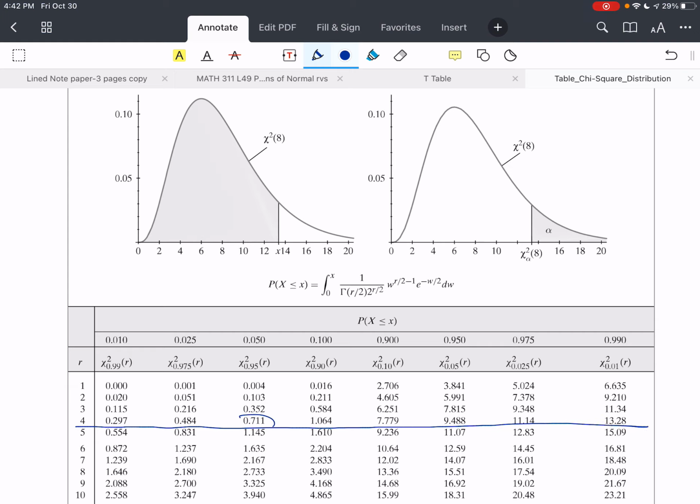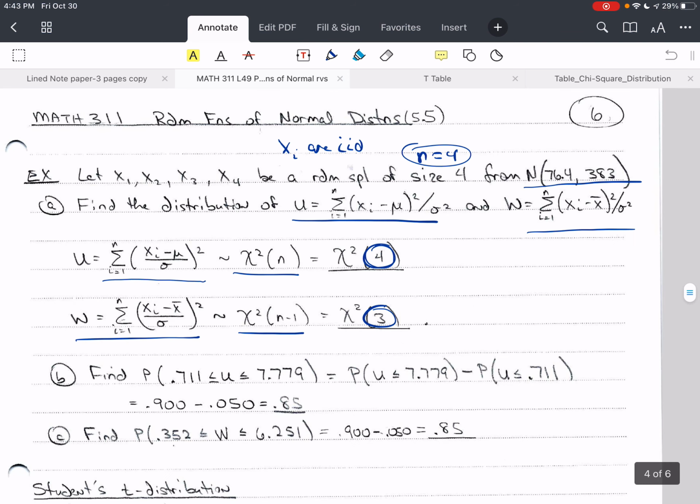We were looking at 0.711 and 7.779. We want the probability u is between these two values, so we can use the CDF, and we subtract those two values to get 0.85. As you can see here, 0.9 minus 0.05 is 0.85.